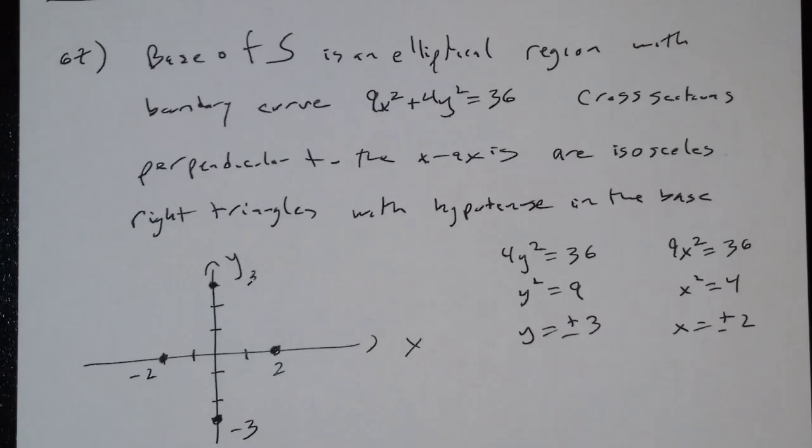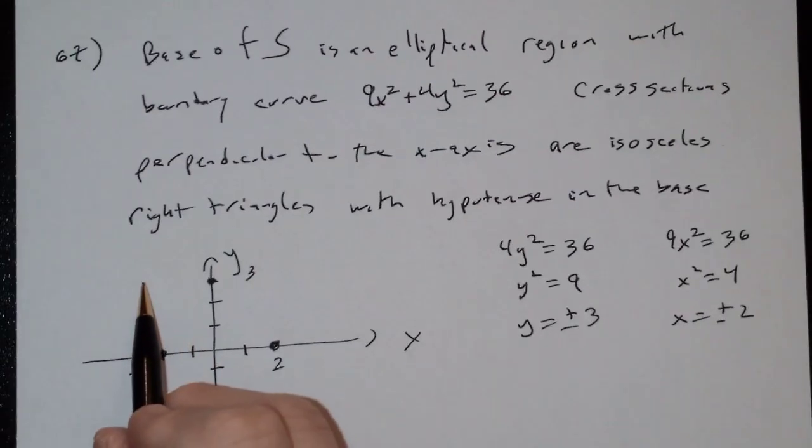Now here's where I have to go back to pre-calc and say, I'm drawing an ellipse. An ellipse is an oval, and these are the vertices and the minor axis crossings. The longer ones are the vertices, the shorter ones are the minor axis. I'm going to draw a box.